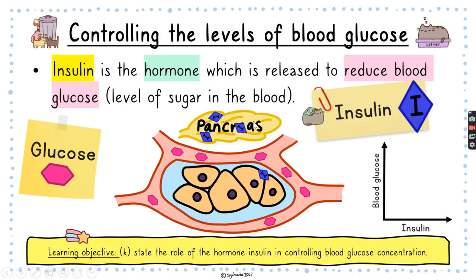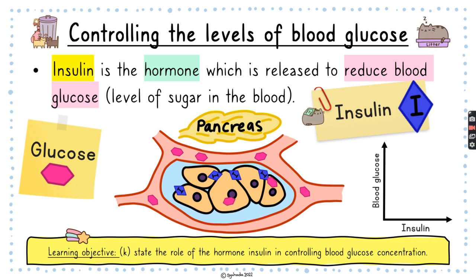So once the insulin has been released into the bloodstream, and they get in contact with the receptors on the target organs, what's going to happen here is that the target organ, which is either the liver or the muscles, are going to take up more glucose from the blood.